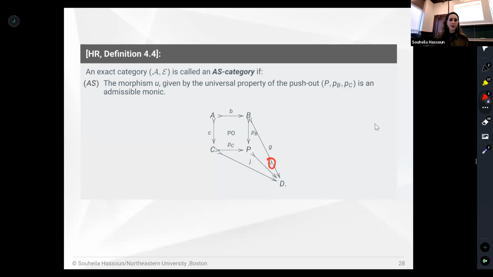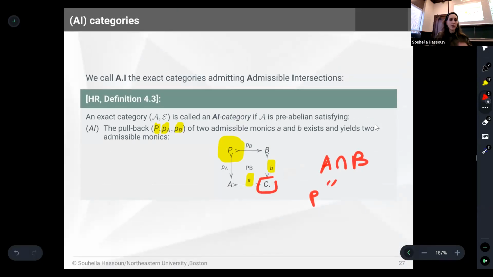And so the idea is if I came back here, so here is a pullback on an admissible monic. By the axioms, we know that the push out on an admissible monic is an admissible monic, but not the pullback on an admissible monic. So we need to add this extra property on the category to make this intersection admissible, because we don't care here about just subobjects, like by inclusion, we care about admissible subobjects.